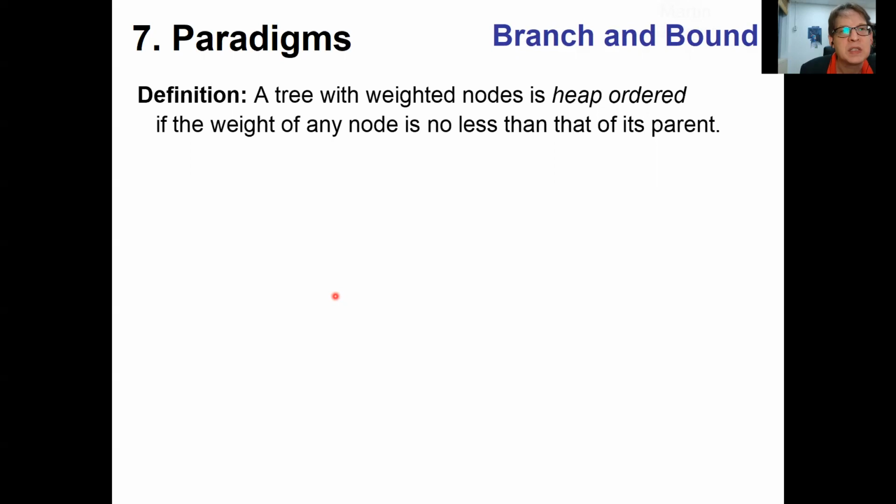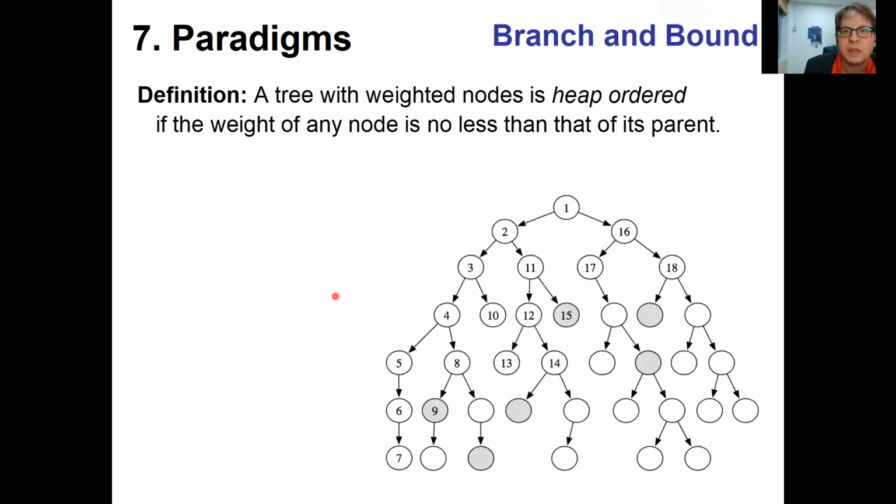Heap ordered is a concept that will become important again later in CS500. So let's formalize that here. A tree with weighted nodes is heap ordered if the weight of any node is no less than that of its parent. Here's an example.